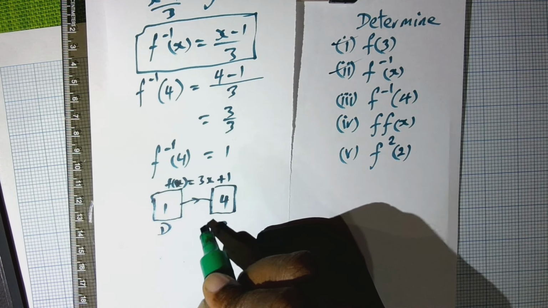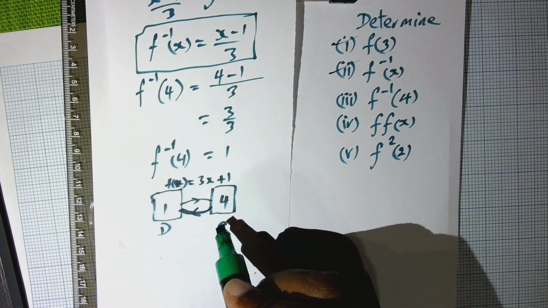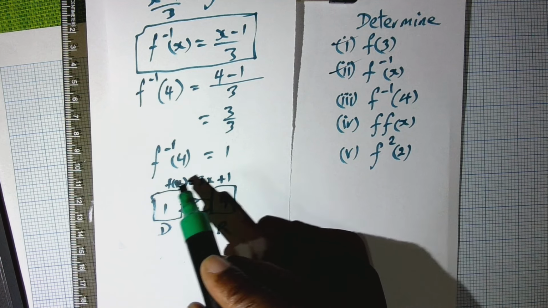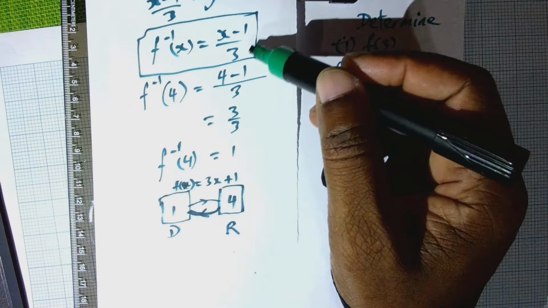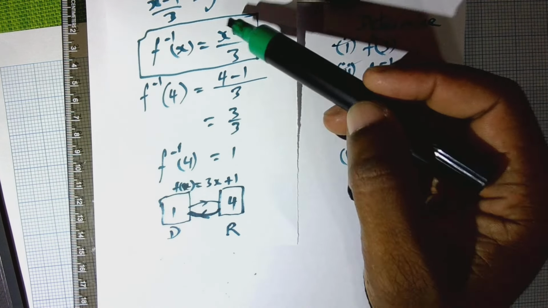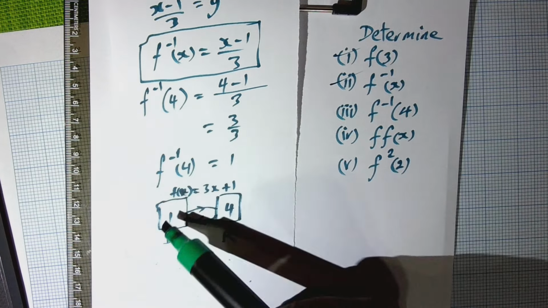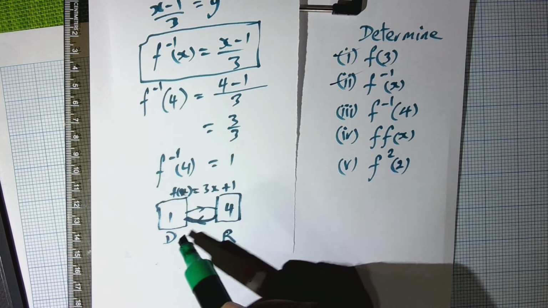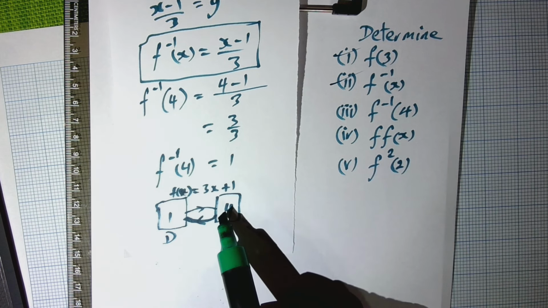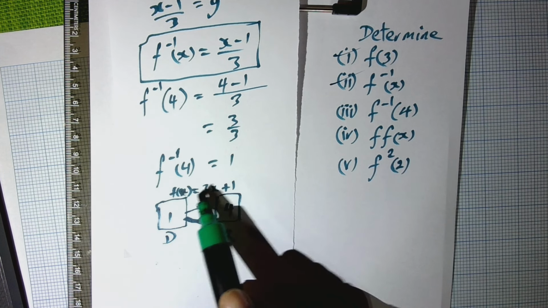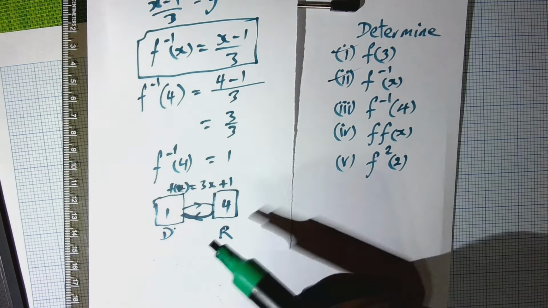But when we want to go from the range to the domain, reversing the process, we use the inverse function. So we will input 4 not in this, but in the inverse function that we got earlier, which is this one. Let's try. So put in 4 into this, gives us 4 minus 1, which is 3, and 3 divided by 3 is 1. So going from the domain to the range, we use the regular function, but going from the range to the domain, we use the inverse function.